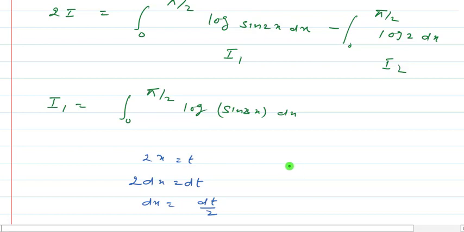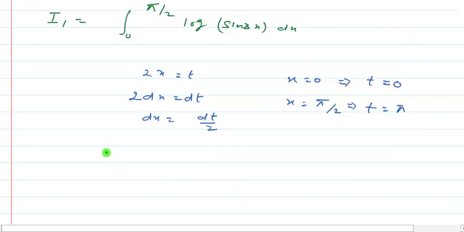So when x is equal to 0, clearly t will be 0. x is equal to 0 implies t is equal to 0, and x is equal to pi by 2 implies t is equal to pi. So the new limit that we are getting is 0 to pi, and I1 turns into the integral from 0 to pi of log sin t dt upon 2.